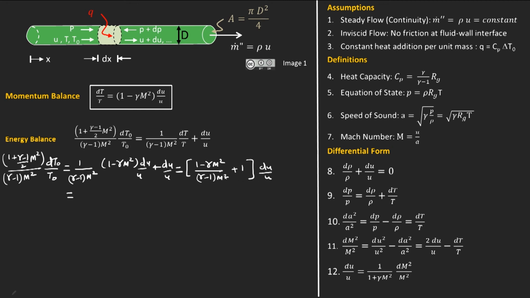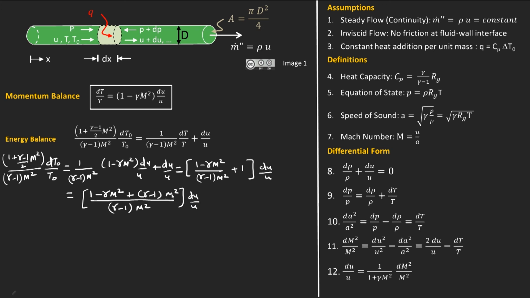Let's simplify this further. Let's take the common denominator for the 1 and this term to get 1 minus gamma M square plus gamma minus 1 M square in the numerator, and we have the common denominator gamma minus 1 M square, and this whole thing is multiplied by dU over U.